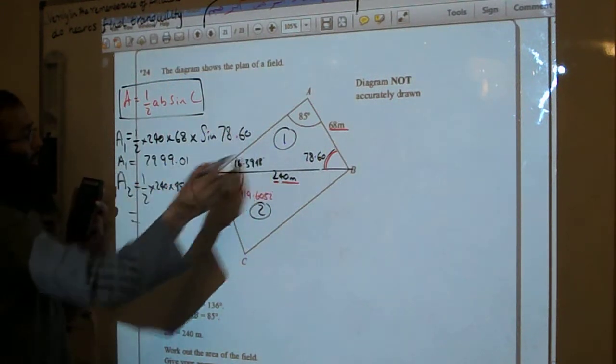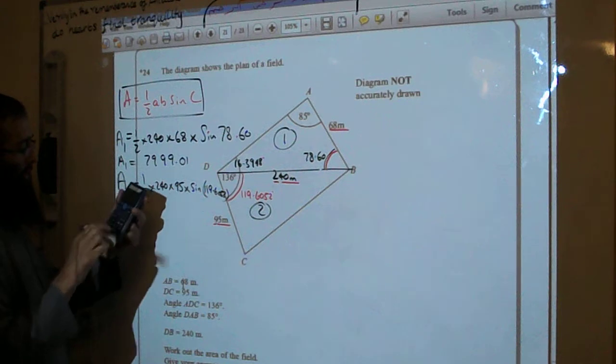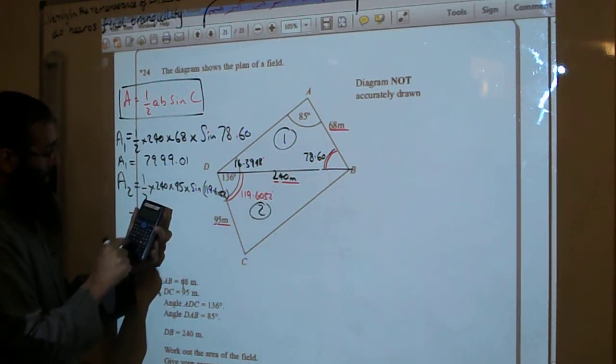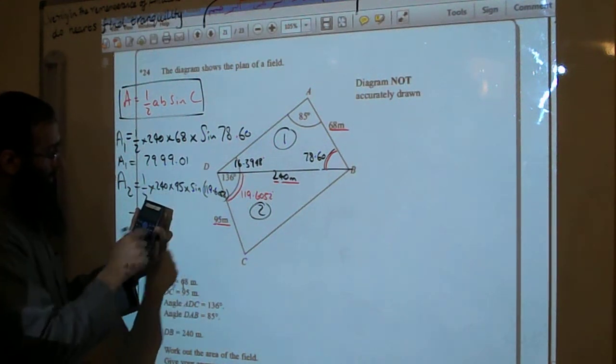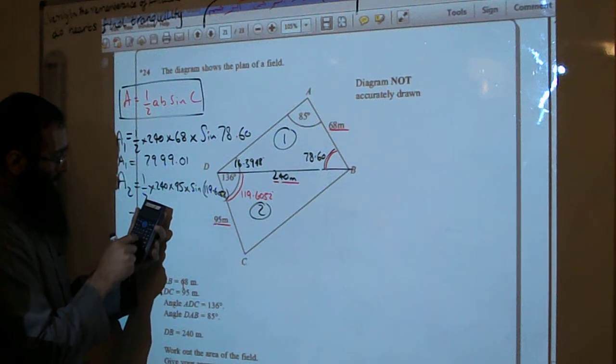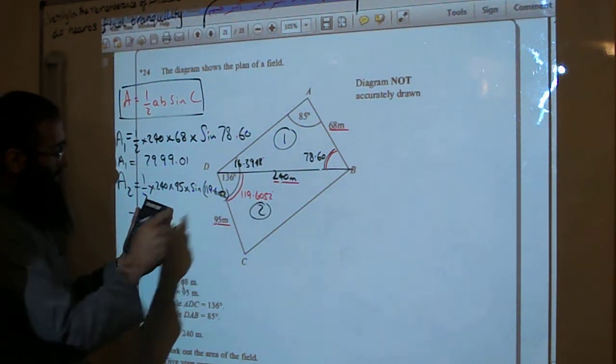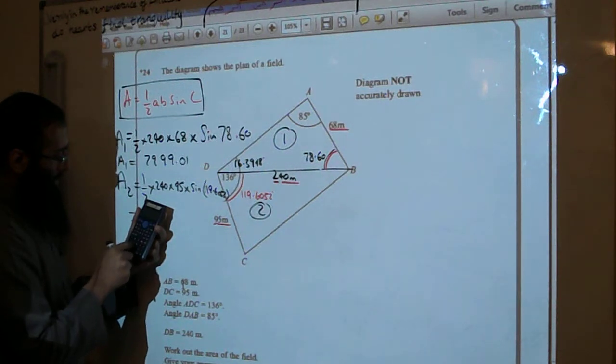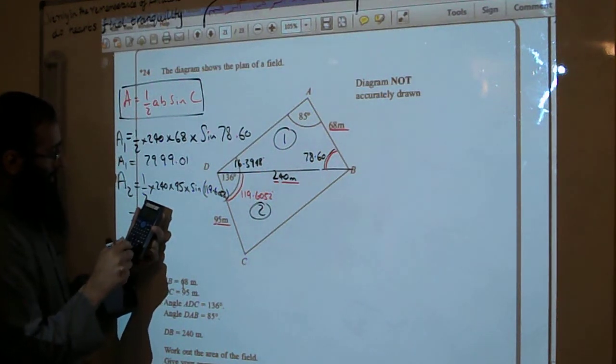That's the area of the top part. The bottom part, let's do that one now. 0.5 times 240 times 95 times sin of 119.6052, close the bracket, equals.